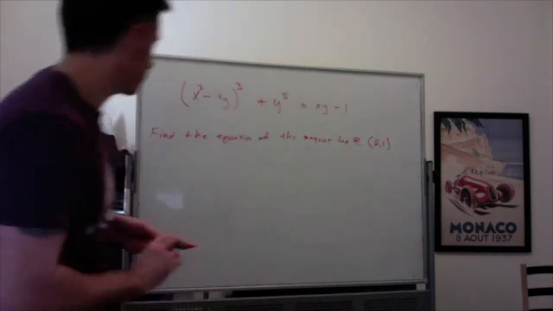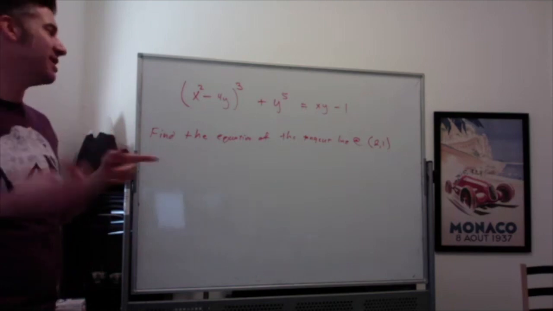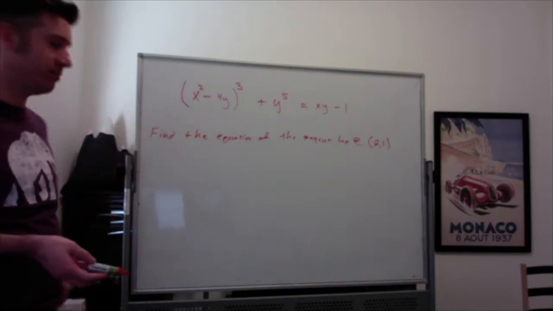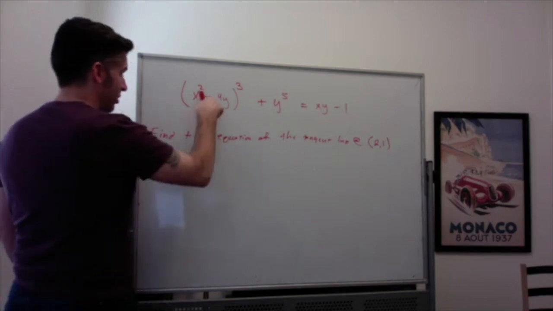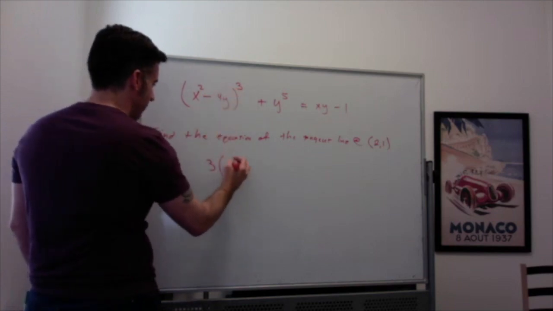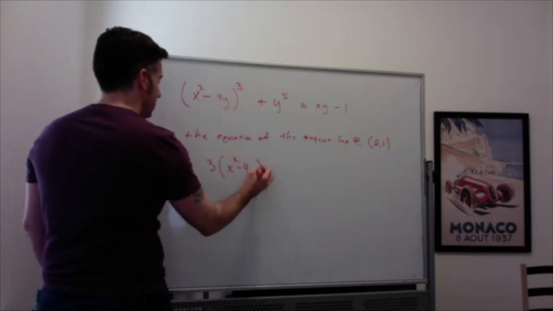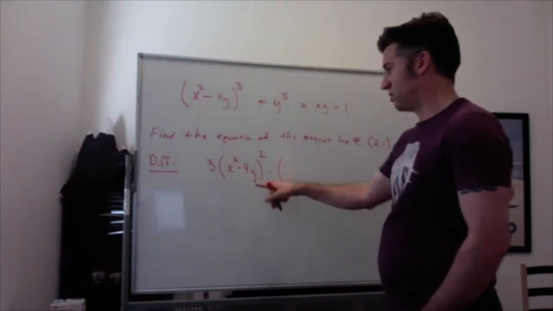Okay, so we're going to do the same thing we did previously. We're going to take the derivative of both sides, and we're going to immediately plug in the point to find the slope of the tangent line. So take the derivative. I'm going to get, so the derivative of some stuff to the third is 3 times my stuff squared times the derivative of my stuff.